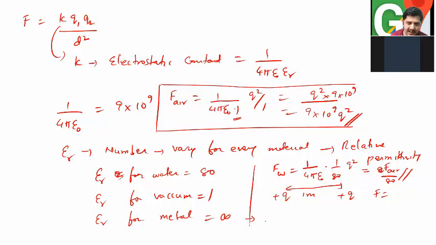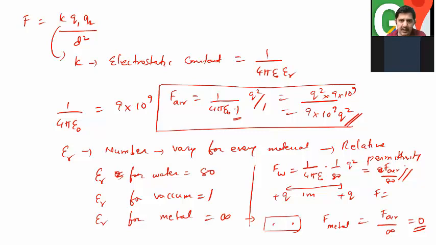When I take the same two charges, take a metallic plate, and keep the two charges over here, the force in metal will be equal to F air divided by infinity, because I take the value of epsilon r over here. Thus this becomes infinity, or the force becomes 0. Correct? Yes, sir.